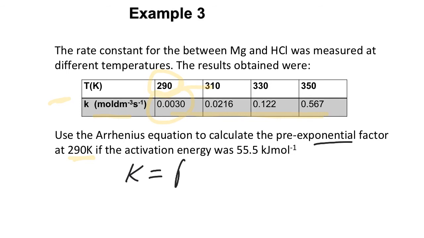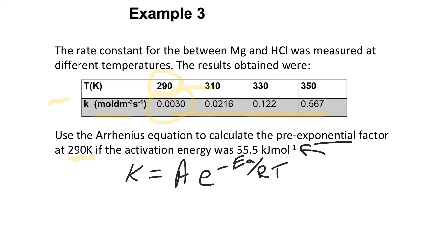So you will see for yourself it's much easier to use this equation, EA over RT. When you are given this value, I think it's much easier to use this form of the equation. Try writing both, and you should be able to see which of the equations is much easier to get the answer.